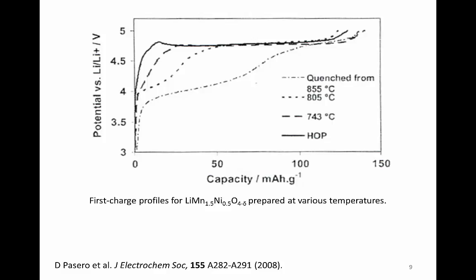However, material that was instead quenched from different temperatures showed quite a different performance depending on the quench temperature. And what in fact you see there is that there is still a bit of a plateau at 4.8 volts, but over much of the profile there is a second plateau at around about 4 volts.